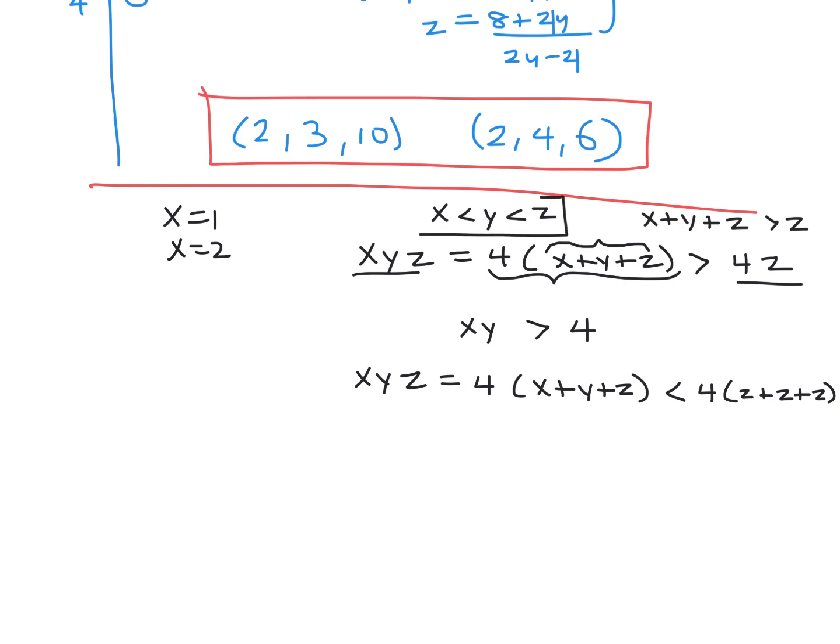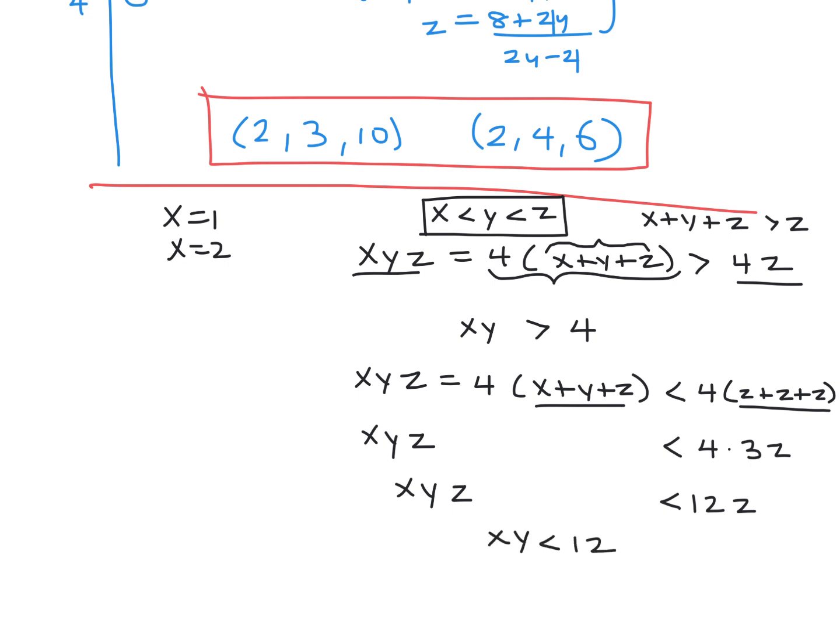Because this has to be abided by. So we're really just looking at this. x plus y plus z is obviously less than z plus z plus z because x is less than z and y is less than z. Correct? So that basically means that xyz is less than 4 times 3z, or xyz is less than 12z. And therefore, if we cancel the z's, xy is less than 12.